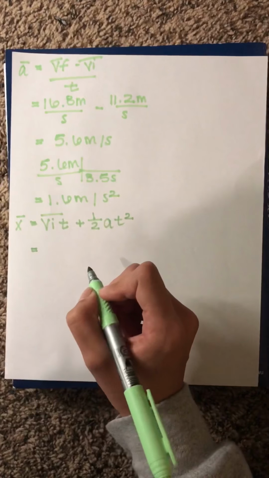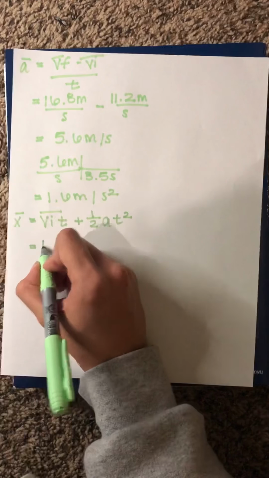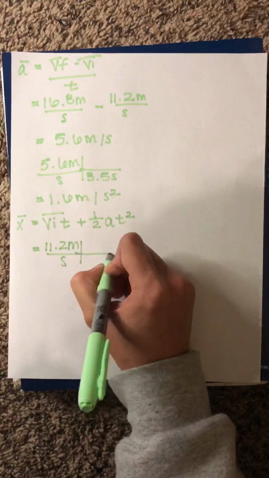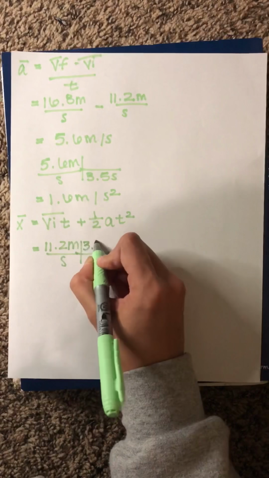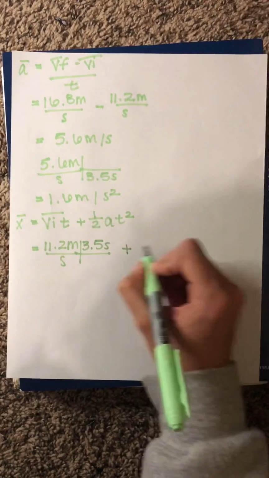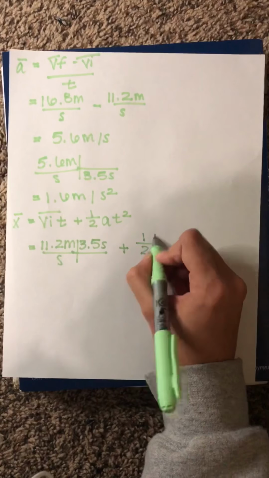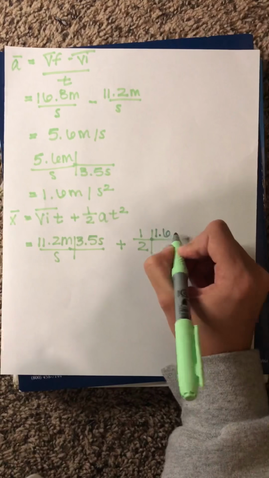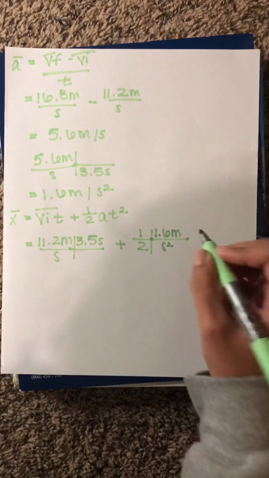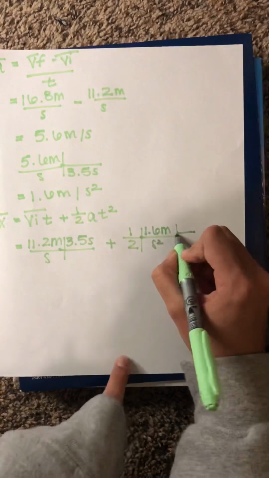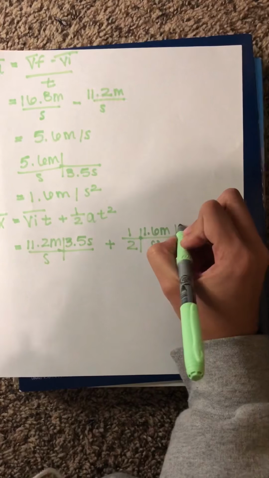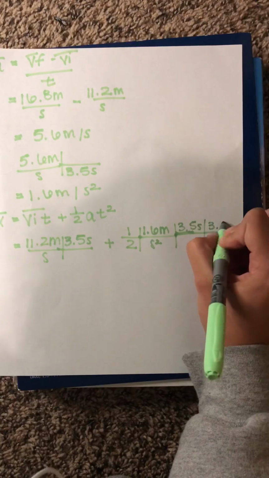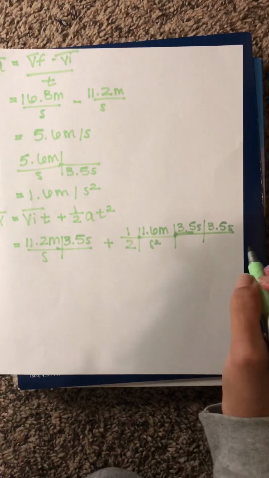We know go-kart number 2 had an initial velocity of 11.2 meters per second, with a time of travel of 3.5 seconds, plus 1/2 the new acceleration we found of 1.6 meters per second squared times the 3.5 seconds it took to travel.